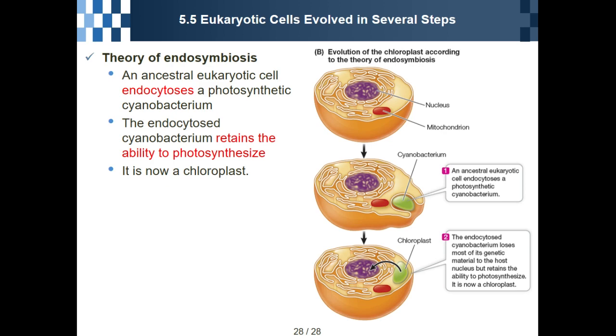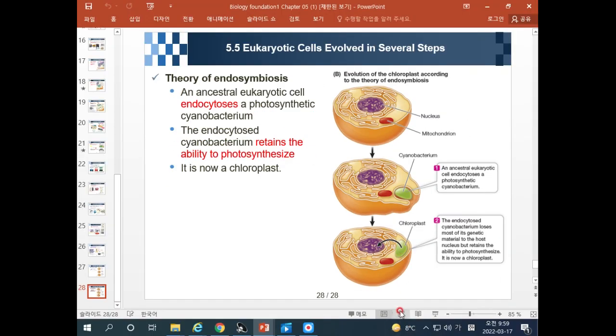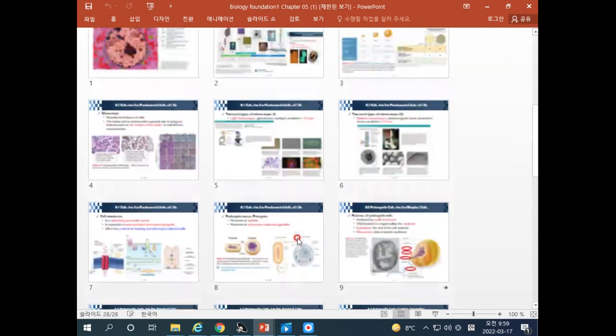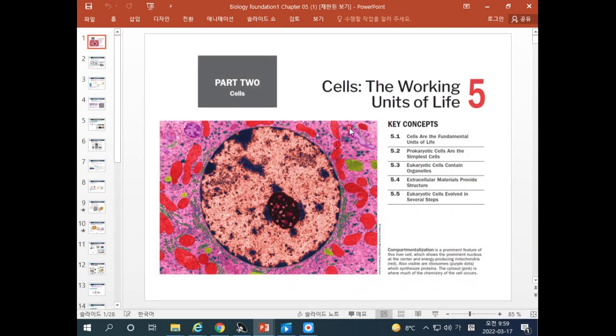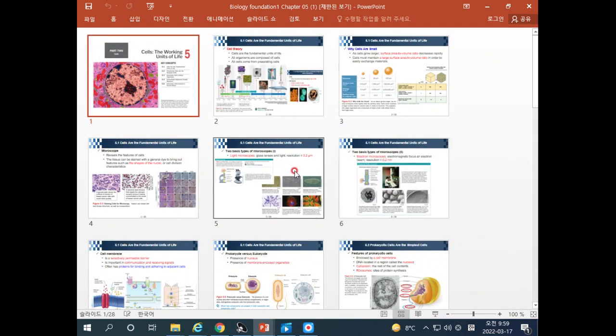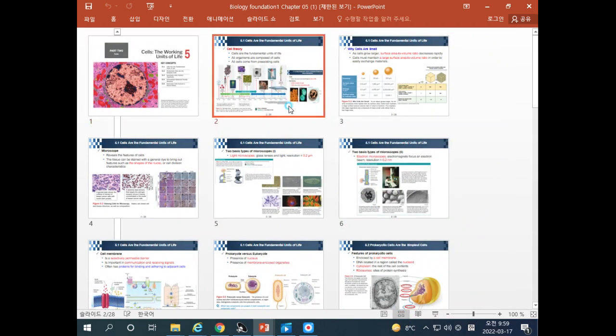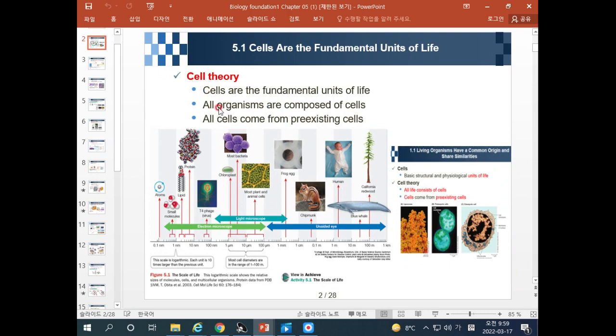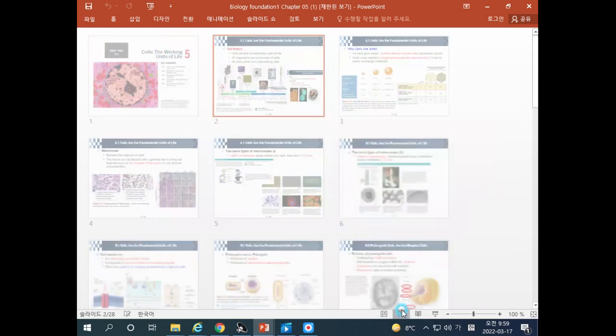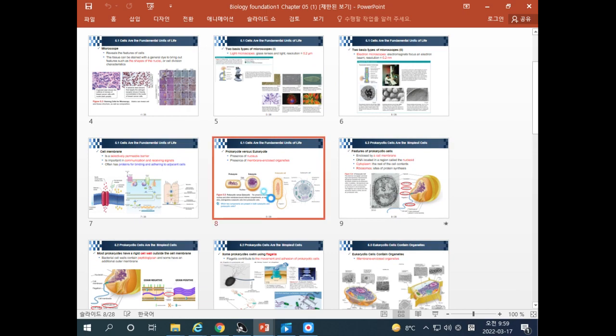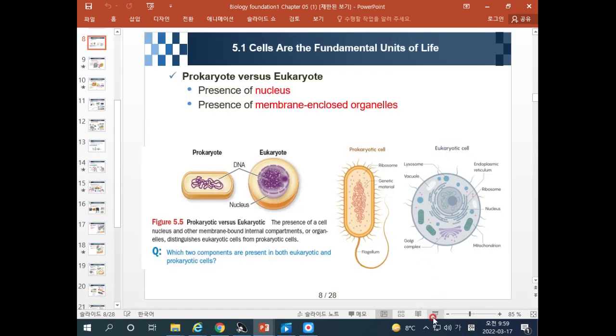Okay, so today we cover chapter 5, cells, working unit of life. Last class we covered the first subject, cell theory, and the difference between prokaryote and eukaryote.